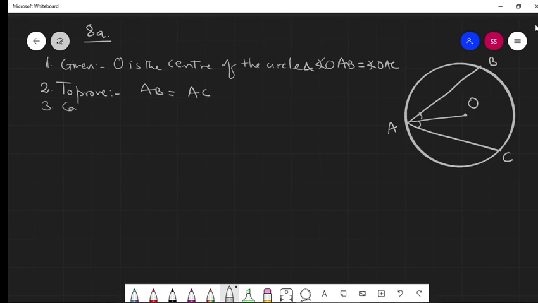Now we need construction, dear students. Construction: from here draw a perpendicular and name it M, and here draw also a perpendicular and name it N. Draw OM perpendicular to AB and ON perpendicular to AC.